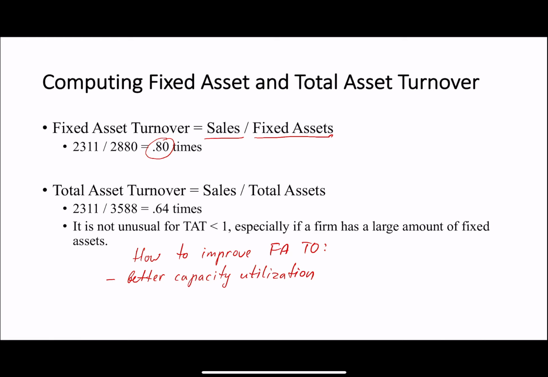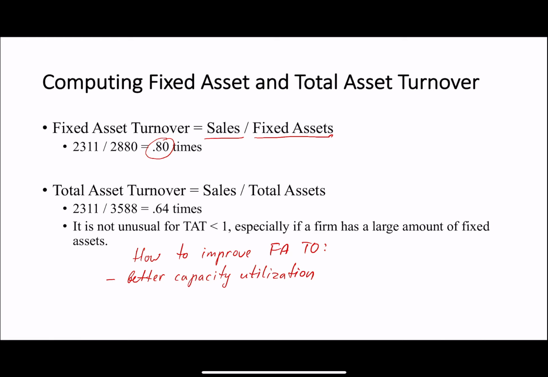They ended up downsizing. They ended up selling some of their plants in the US and abroad. And now it's a much smaller, much more focused, but also much more efficient firm. So prior to the crisis, they had too much capacity that was not utilized properly. And as a result, they had extremely low fixed asset turnover. And as you will see later, it also contributes to low profitability. So you don't want that.